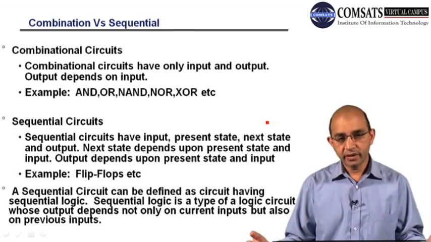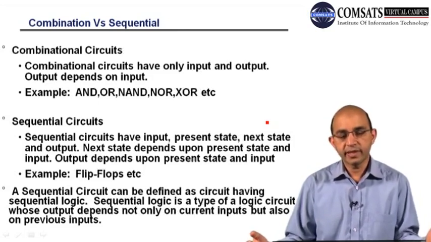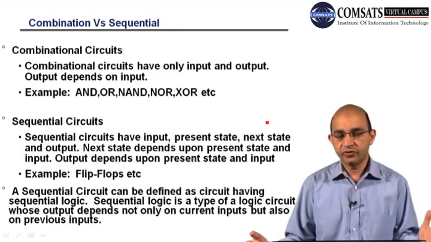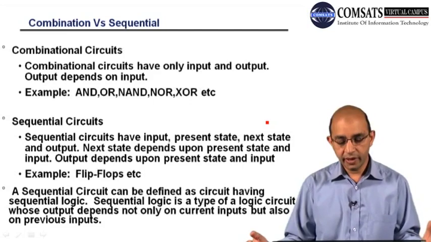The next state depends upon the present state and the input. So in combinational circuits, output is a function of input, whereas here the output is a function of the present state and the input. This is the difference, and a very simple example is a flip-flop.